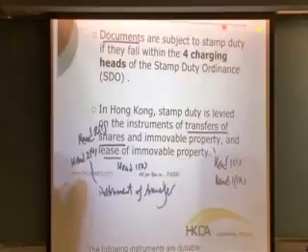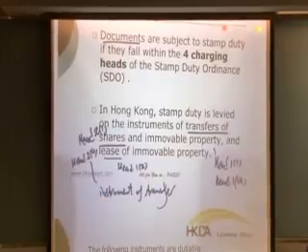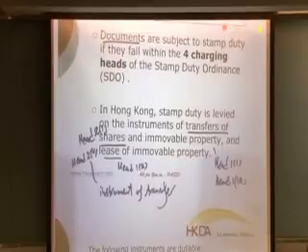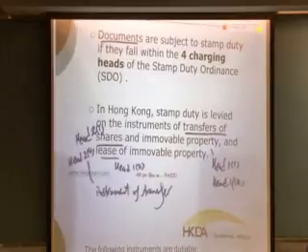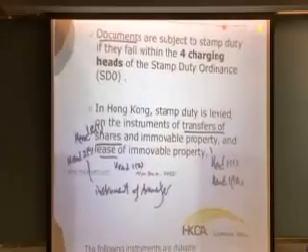Head 2, 4 is instrument of transfer. Try to listen to the concept and the flow, because the writing is all below. OK, so how the head of charge involved in order to answer in your examination.